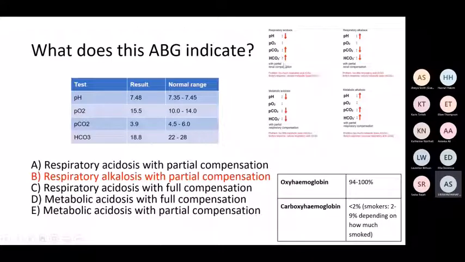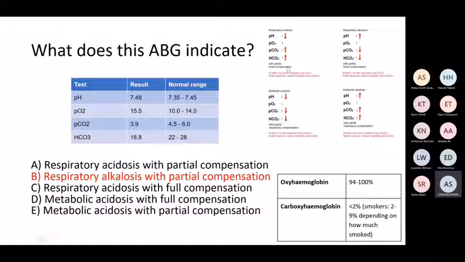So I put this here because it's quite useful to help remember patterns. The way I remember it is, if it's acidosis, you look at the pH and look at what is likely to cause the acidosis. So CO2 is acidotic. So if that's increased and the pH is decreased, then it's very likely it's something to do with the respiratory system.